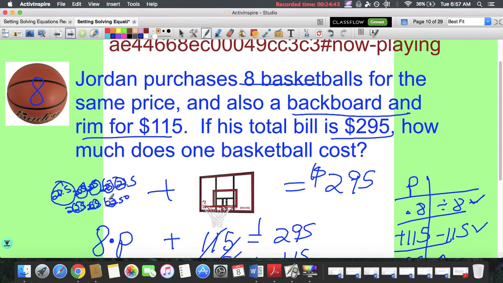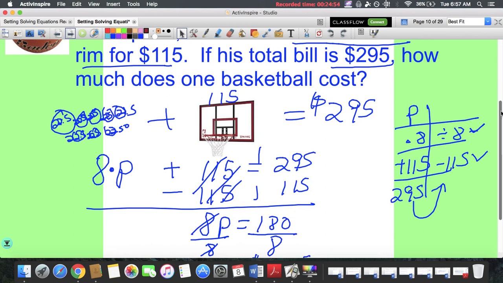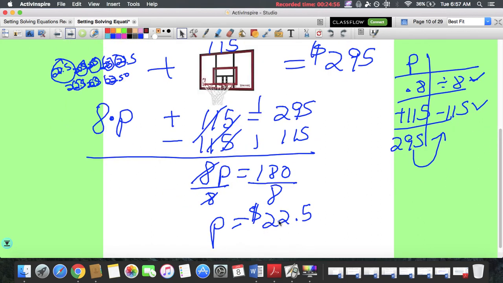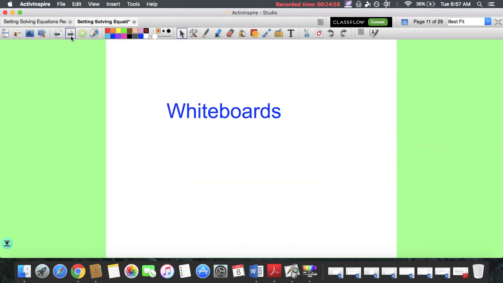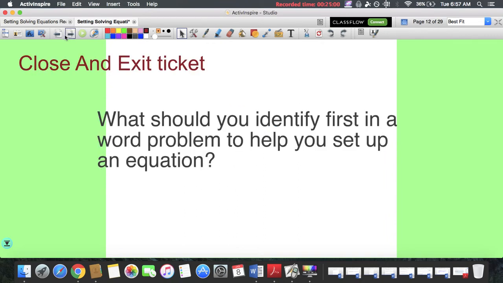So all that plus this, which is 115, equals 295. So we needed to find the price of one basketball, and we did. So one basketball was $22.50.